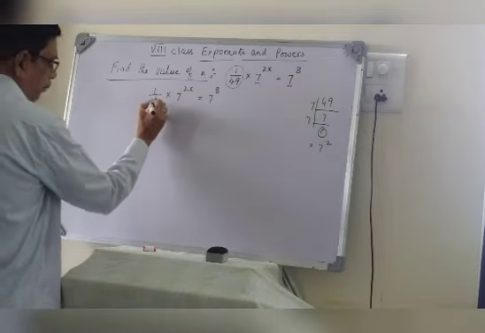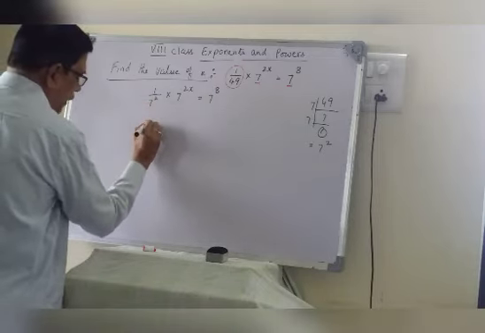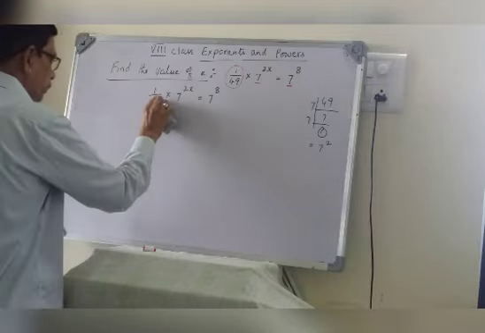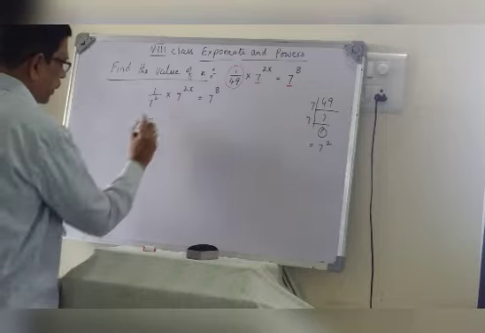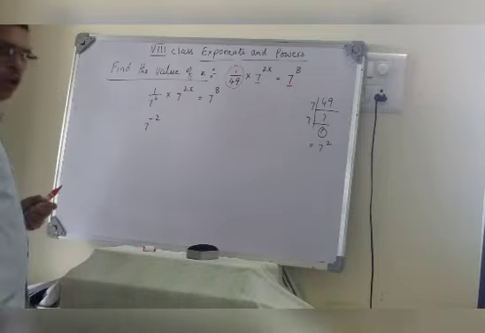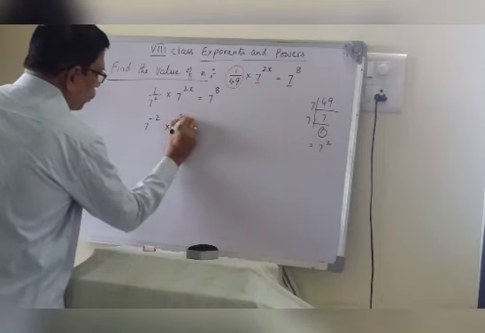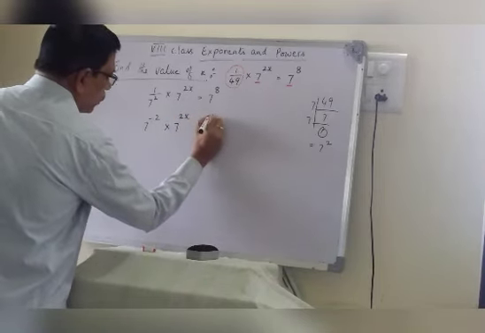Now, this 1 by 7 square, we can write it as 7 to the power of minus 2. How to write 1 by 7 square? 1 by 7 square we can write as 7 to the power of minus 2 into 7 to the power of 2x is equal to 7 to the power of 8.